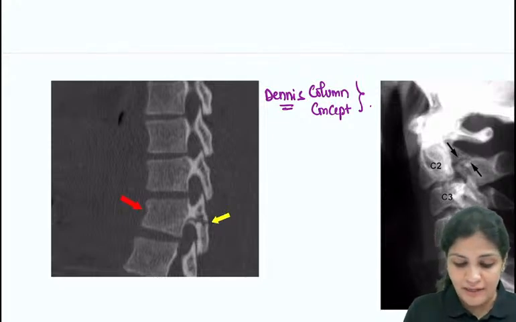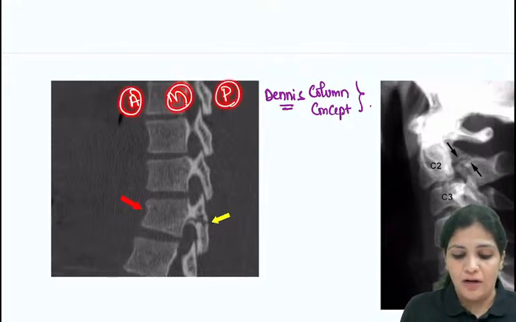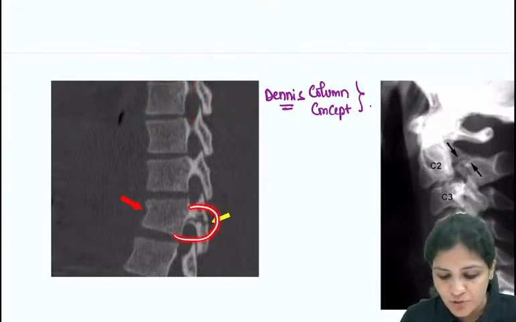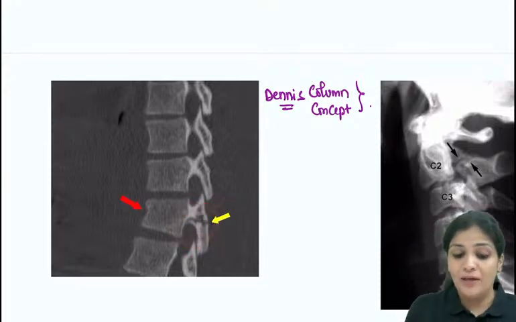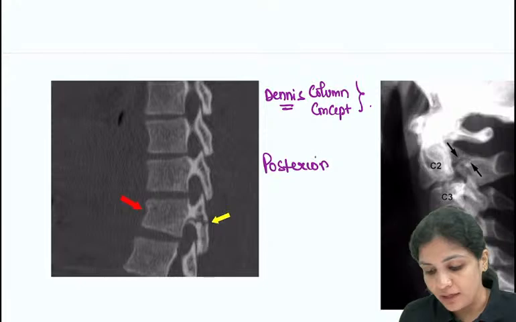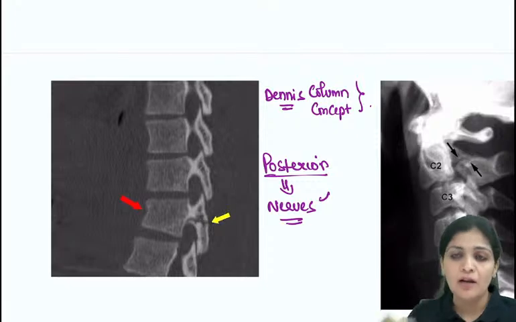The vertebra is divided into anterior, middle and posterior, 3 columns. Whenever there is a problem in the posterior column, it is very important for us, because the nerves are traveling in this posterior column.